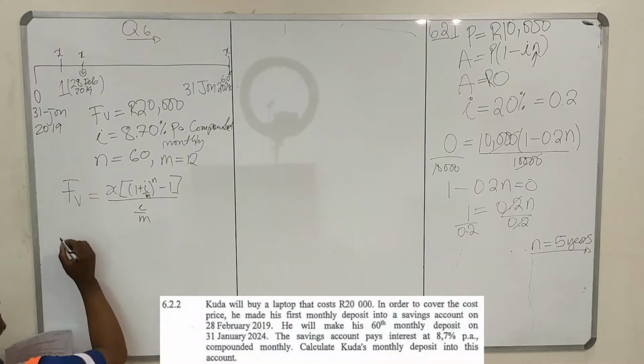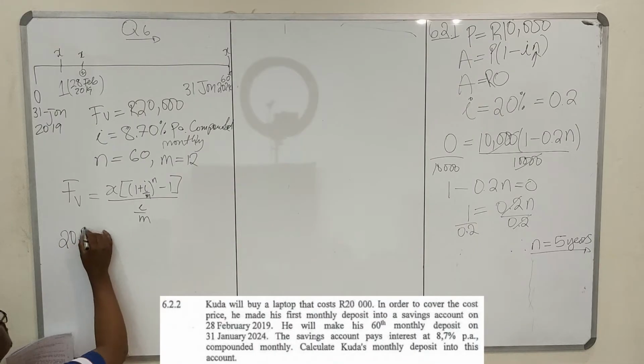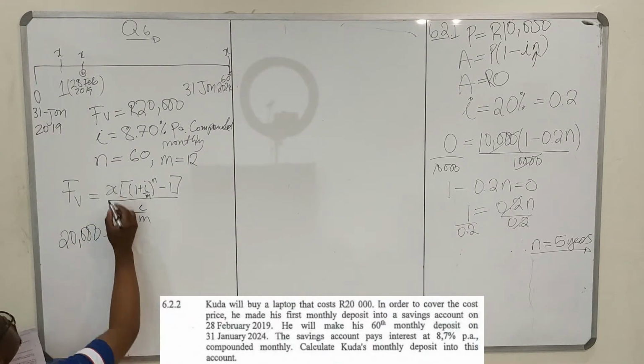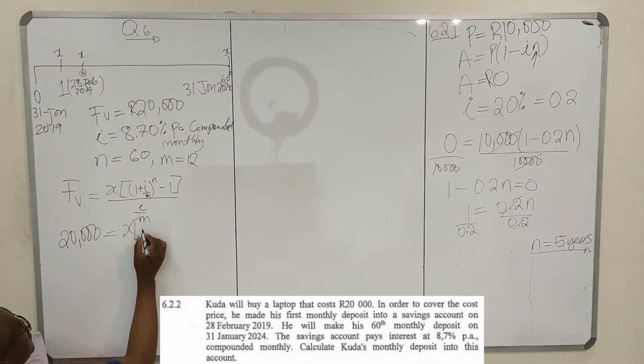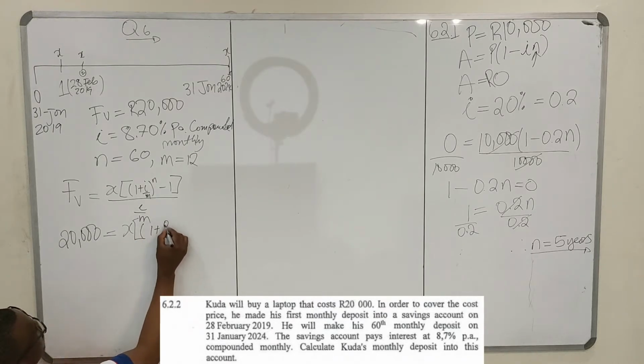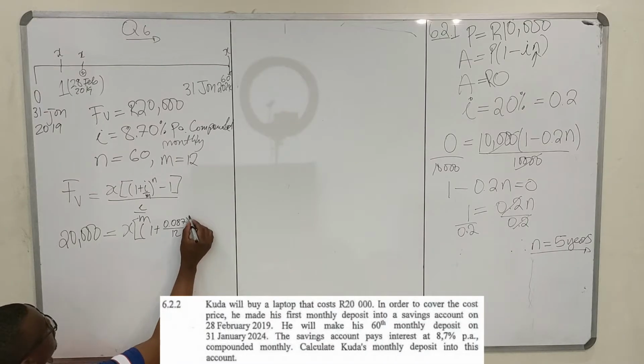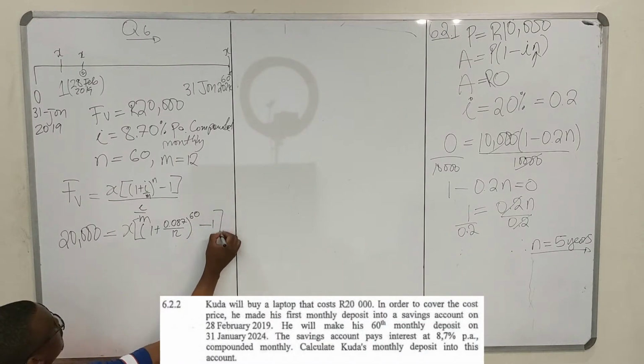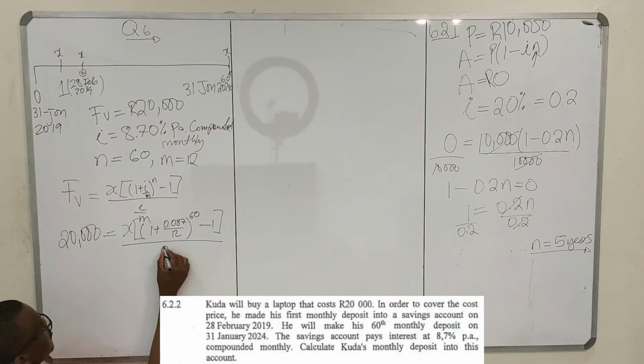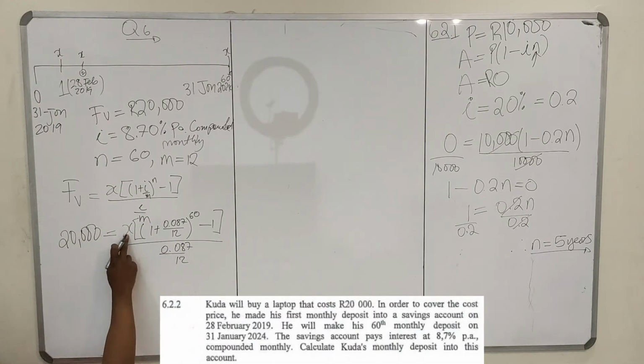You know how much you want in future. He wants to have 20,000 to purchase the new laptop. You want to know how much he'll be paying, right? So you have 1 plus 0.087 over 12 raised 60 minus 1 all over 0.087 over 12. Therefore, you want x, which is this amount, to be this times that.